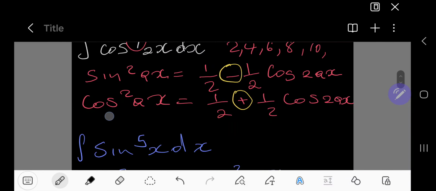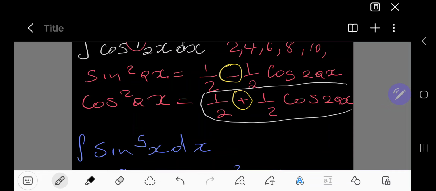This is cos, so we want to use this. But note that it applies to cos squared, and here we've got cos raised to 4.